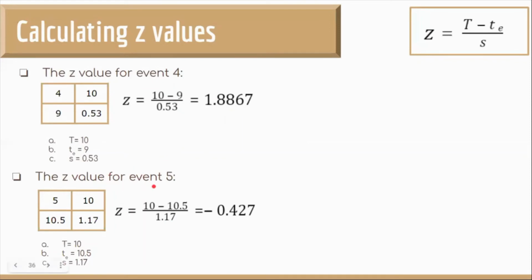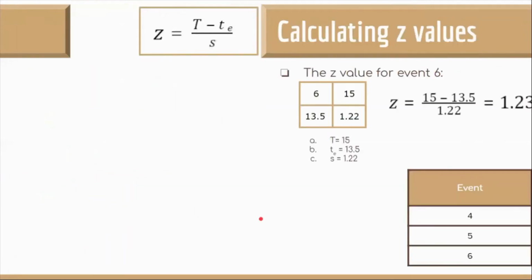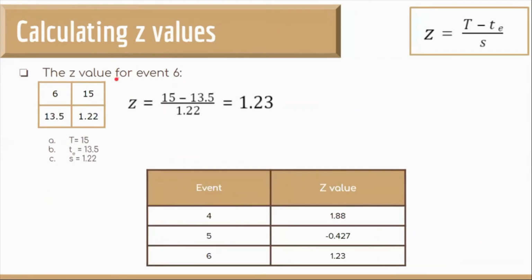The Z value for event number 5 is 10 minus 10.5 divided by 1.17, which is equal to minus 0.4227. And calculating a Z value for event number 6 would be 15 minus 13.5 divided by 1.22, which is 1.23. So to sum up, we have event number 4 with Z value 1.88, 5 with minus 0.427, 6 with 1.23.